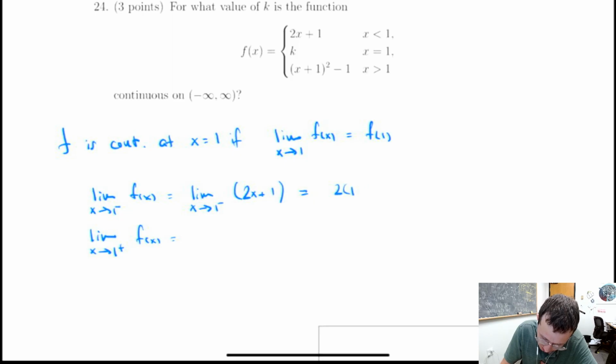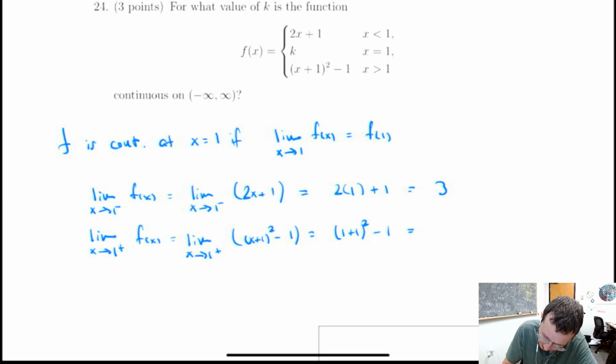And that's a polynomial, so I can directly substitute, and I get 3. To the right of 1, we have x plus 1 squared minus 1, which is again a polynomial, so I can directly substitute. 2 squared minus 1 is 3.